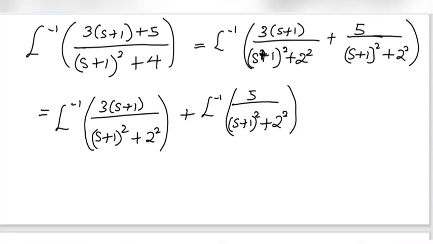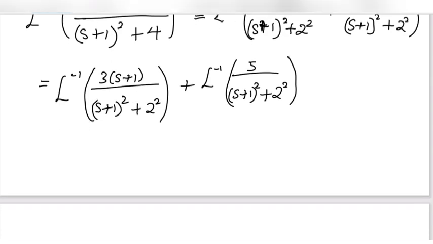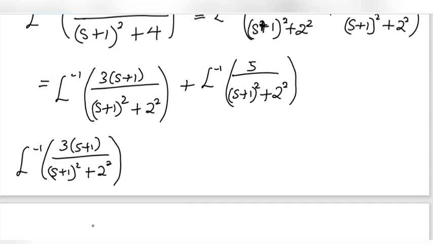Okay, and with this, let's pick the first term. So we have Laplace inverse of 3 into s plus 1 over s plus 1 squared plus 2 squared. And if you look at this closely, you can see that s plus 1 already shows you that there is an exponential negative 1t here, because this is just 1 over s plus 1, right?